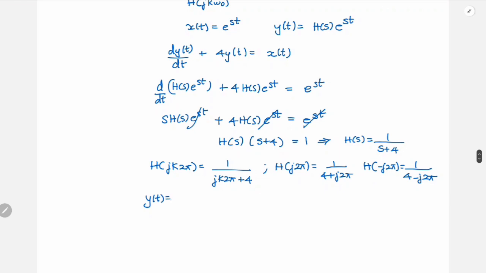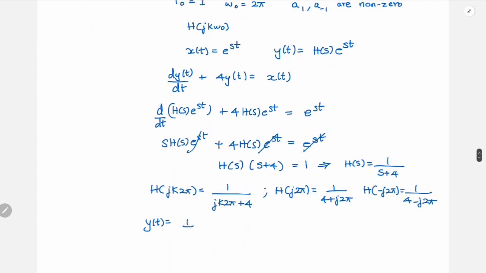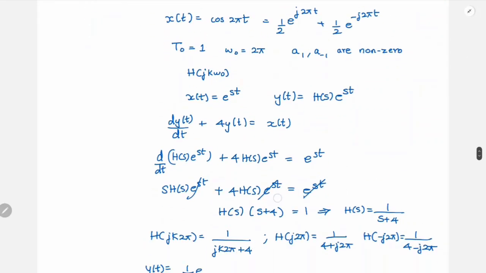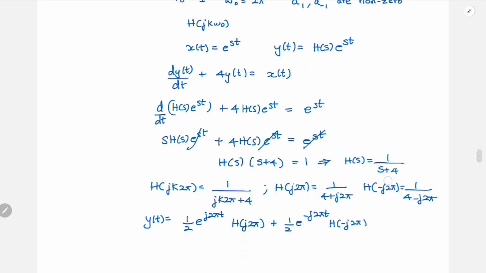So y of t is nothing but this coefficient half e power j 2 pi t into h of j 2 pi plus half e power minus j 2 pi t into h of minus j 2 pi.